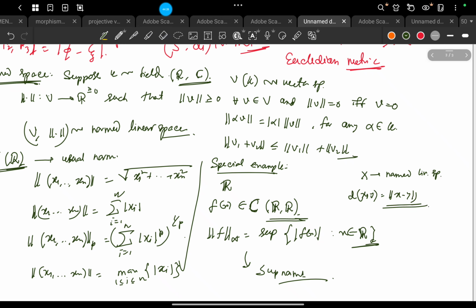This is how one can define the metric space with respect to the norm. So it is said to be a norm-induced metric. Okay.